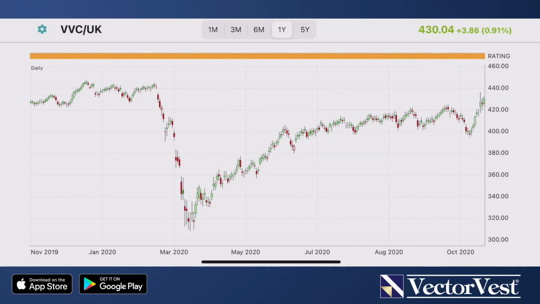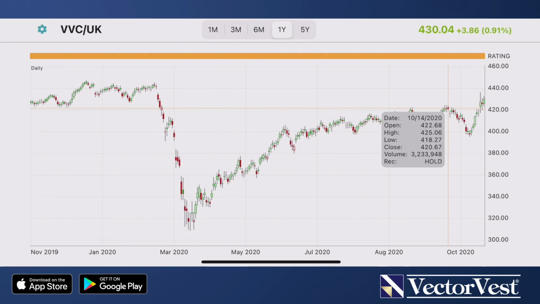Same situation that we saw with the EU. We have a nice recovery off of those lows in March, but now starting to see some of that really strong momentum we saw off of that blast off phase slowing down, where we had a really strong uptrend right through here. Now it's still an uptrend, but just a slow grind higher, and you're starting to see a little bit more volatility picking up.